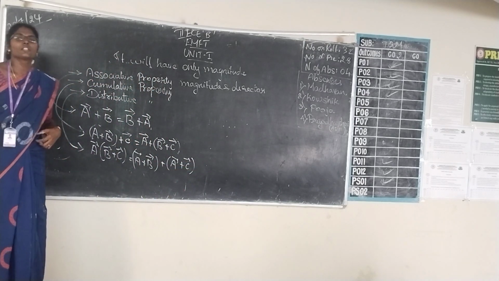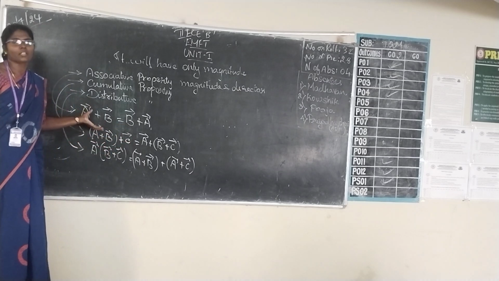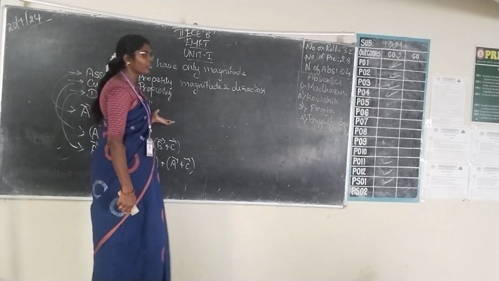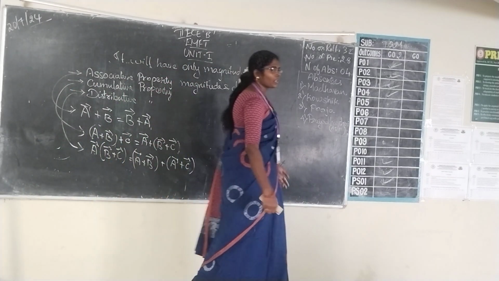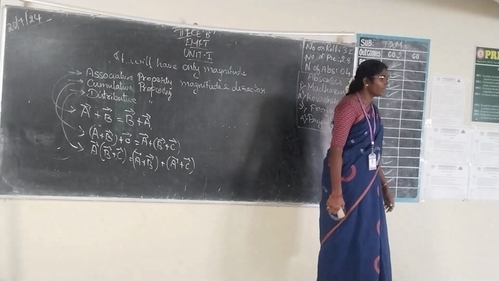Okay, this is what the distributive property is. This is how we will be going for the operations of vector quantities. These are the three vector algebra properties: associative, cumulative, and distributive properties. Okay, clear with it?